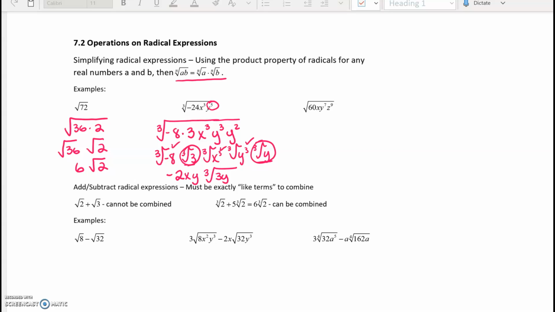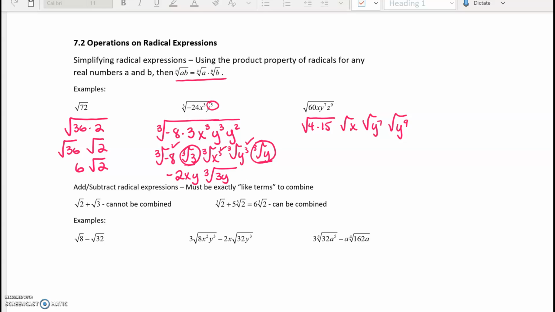We're having problems finding something until you get to 4. So 60 can be split into 4 times 15. Then let's split this as we go: the square root of x, the square root of y to the 7th, and the square root of z to the 9th.